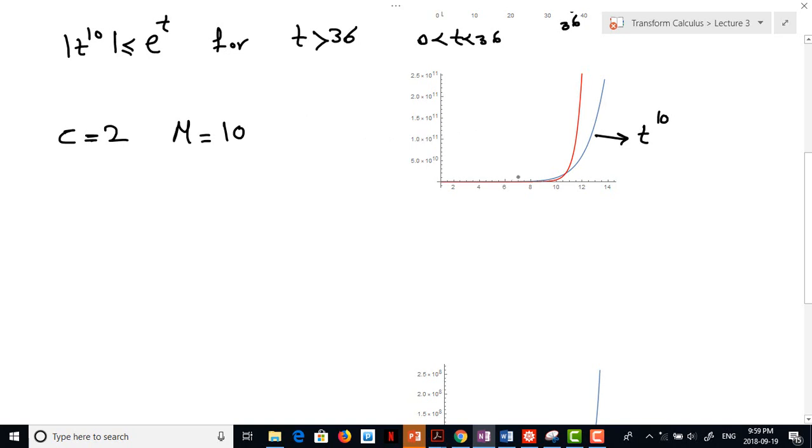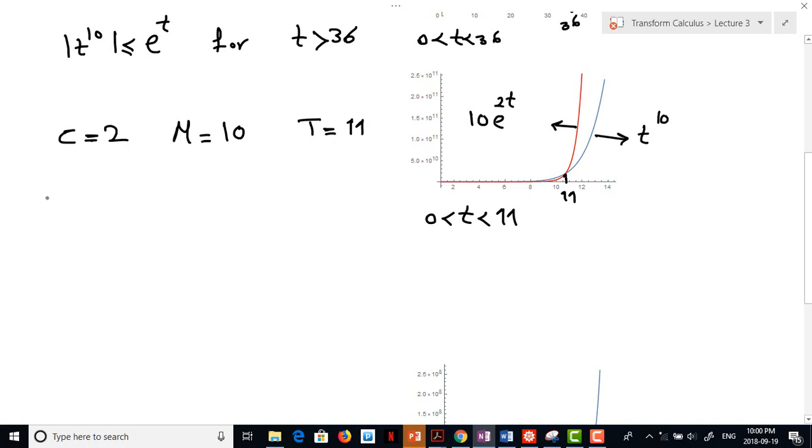In this case, you can see that when t is between 0 and this point, which is 11, I think, the blue plot, t to the power of 10, is greater than the red one. The red one is 10 to the power of 10 times e to the power of 2t. But after 11, the red plot is greater than the blue plot. So I can assume that capital T is equal to 11.